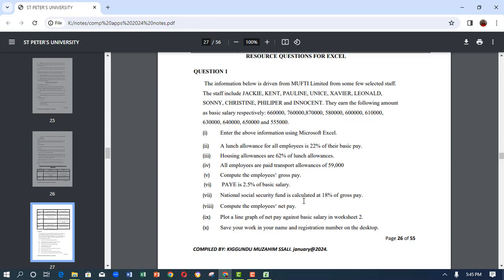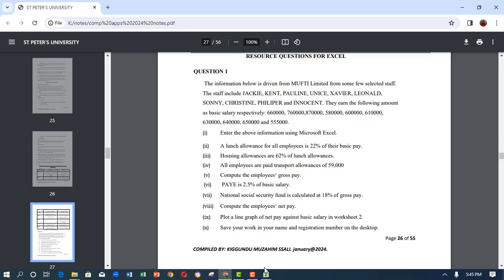At times we can deduct them from the basic salary, or sometimes we deduct them from the gross salary. So at times it even depends on what the question is telling you. In our case we are going to calculate the net pay based on the basic salary. That means we are going to deduct our taxes from the basic salary.